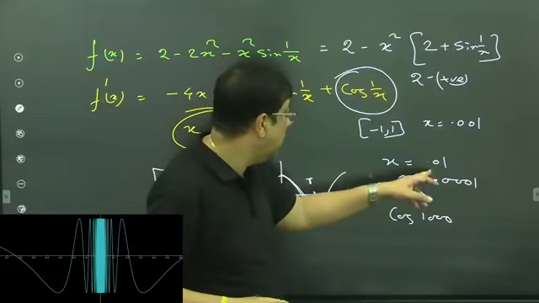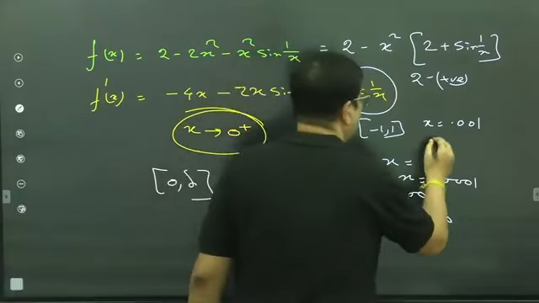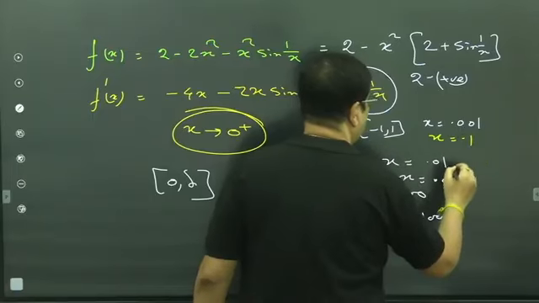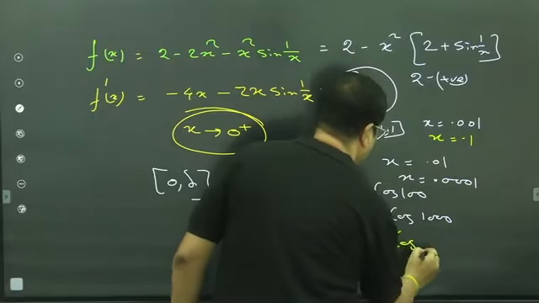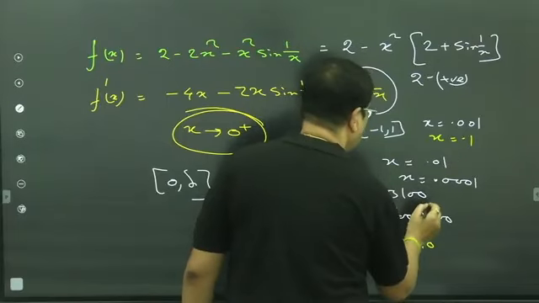There are a lot of cycles. What if I show you x equal to 0.1? Then cos theta is cos 10, and x equal to 0.01, cos 100.